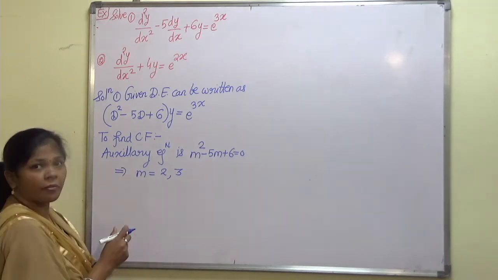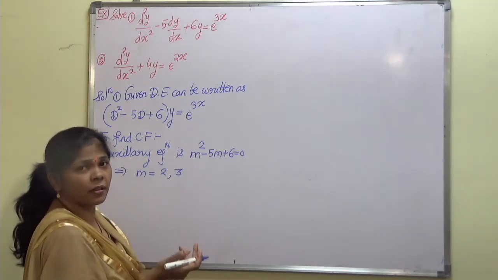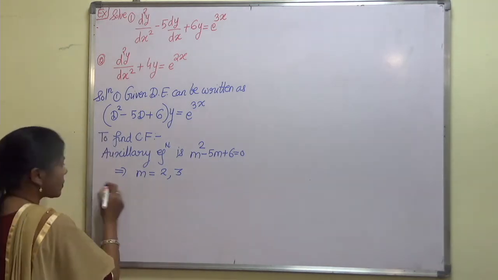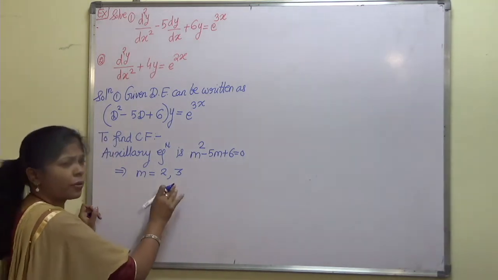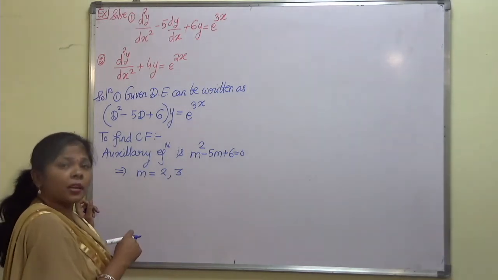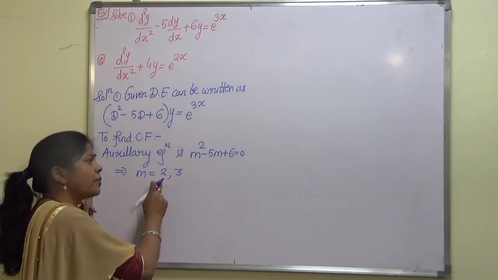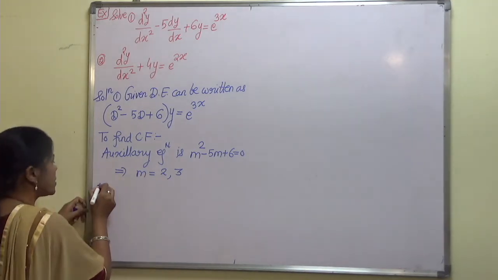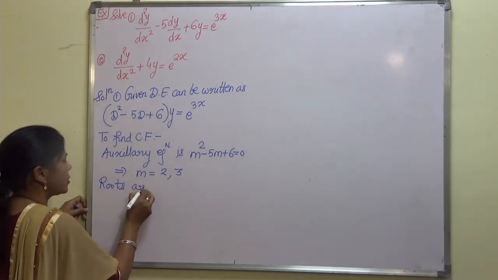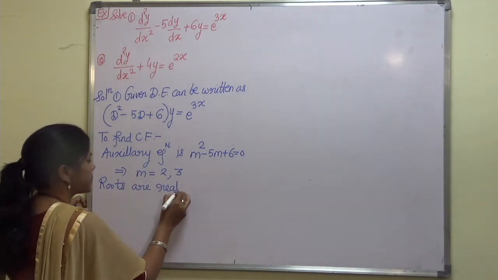Now identify the nature, whether they are real, complex, distinct or equal. Here we don't find any imaginary term of iota. So this is completely real and they are found to be different. So the roots are real and distinct.